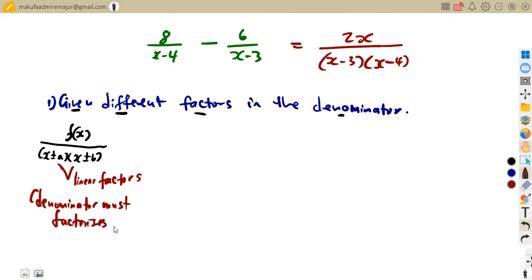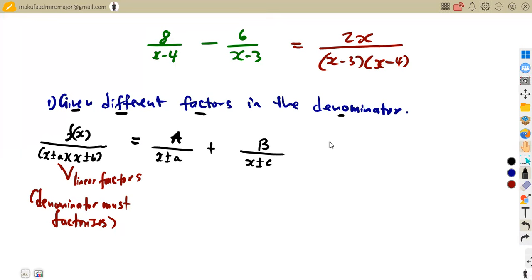So meaning to say, if we are given a condition that we can factorize our denominator, whether there are three brackets or however many brackets there are going to be, we are going to separate this into A over the first linear factor, which is the bracket of x plus or minus a, plus B over x plus or minus c in this case.